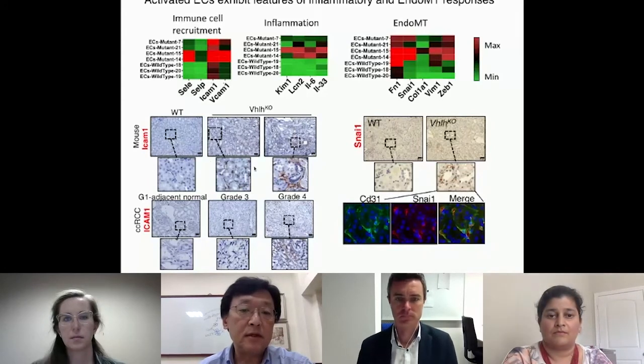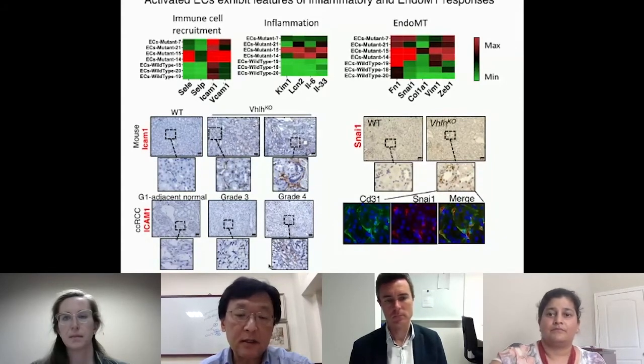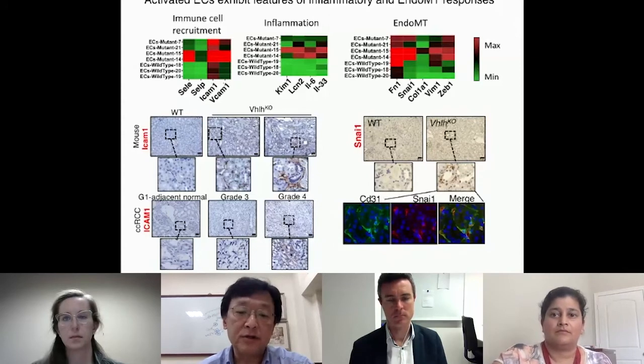In the mutant, you can see very high expression in these abnormal vasculature. This also happens in the CCRCC samples. In the adjacent normal, there's nothing, and in the tumors, there's expression only in the vasculature.